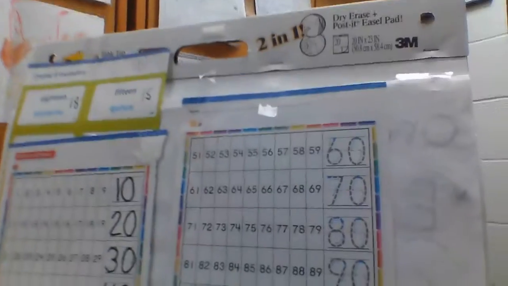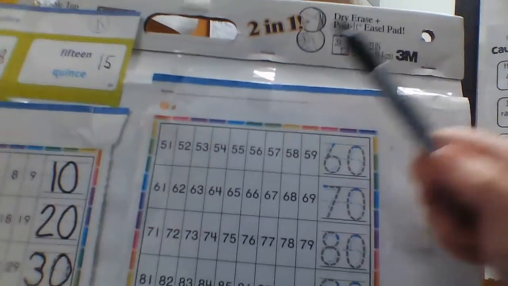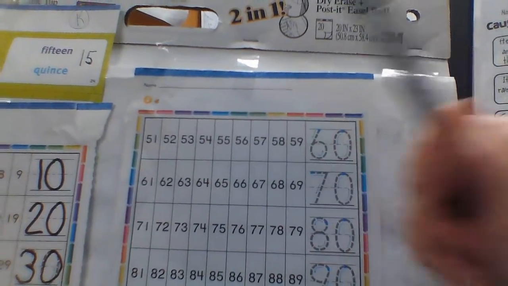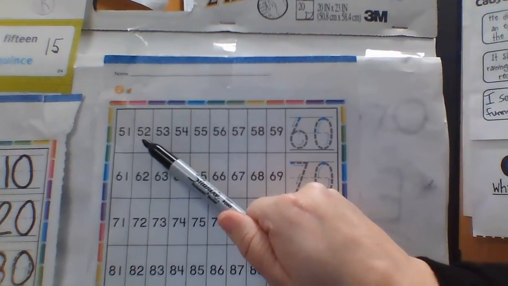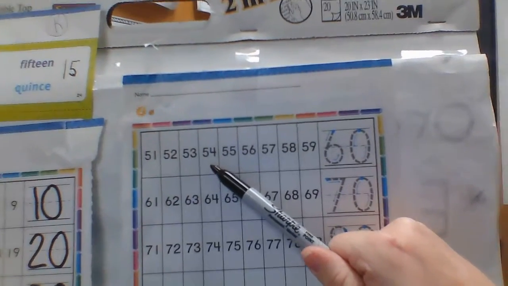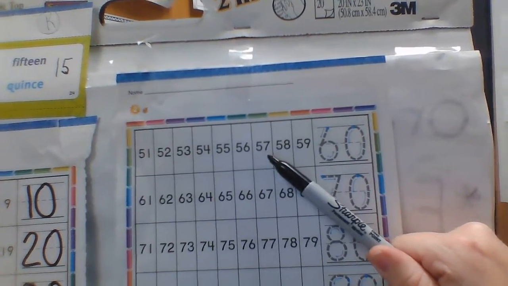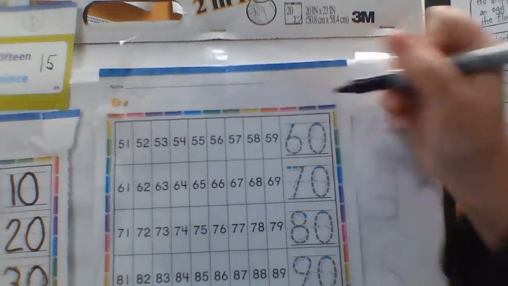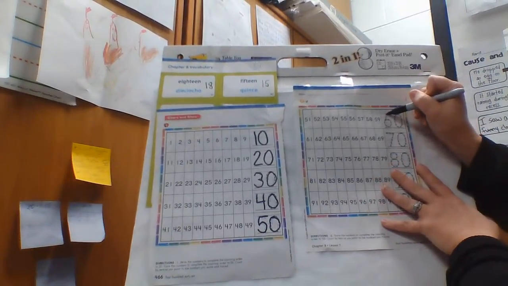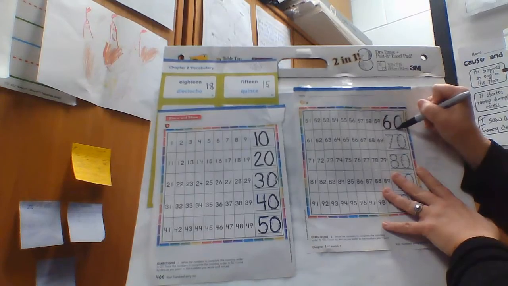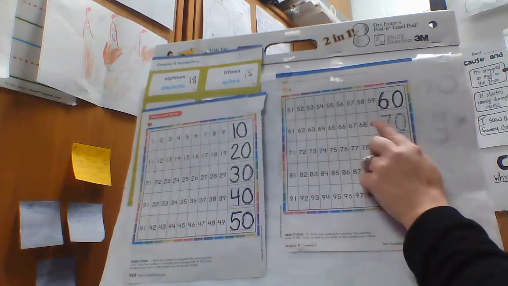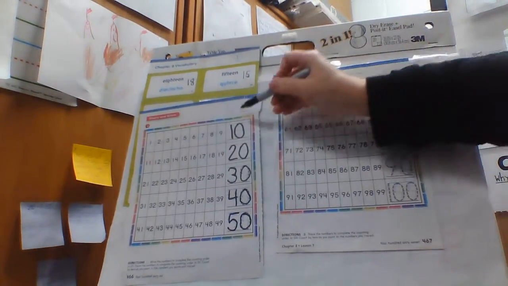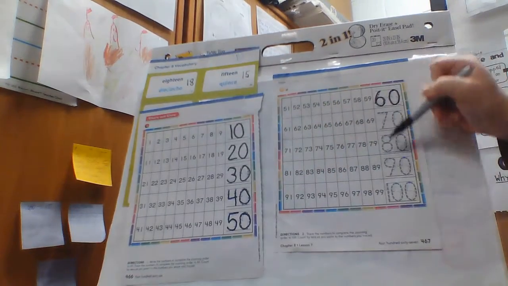Well, now we're going to go even higher. So now the next row says 51, 52, 53, 54, 55, 56, 57, 58, 59, 60. So now I'm going to trace 60. So instead of continuing to count by ones, I'm just going to go down the column like I did here and look for my pattern, okay?